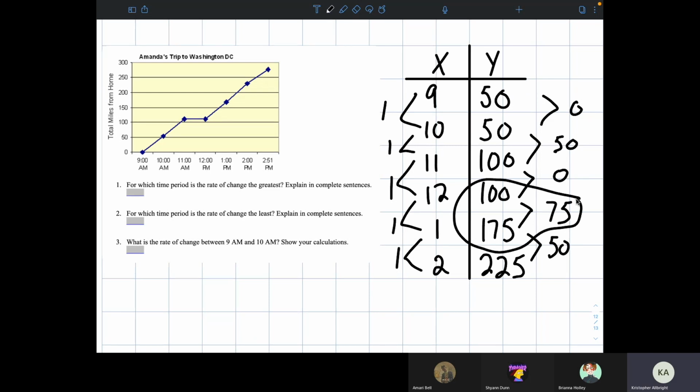So if we say 75 for number 3, then that is going to be correct. So she changed the most between 12 and 1. Okay, so looking at another example.